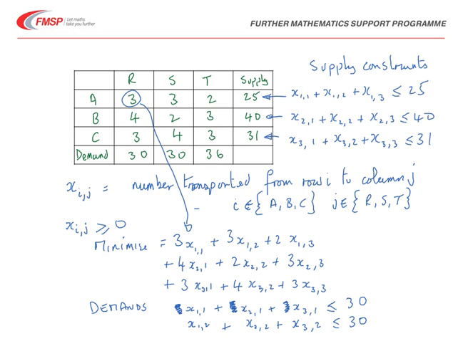And finally, the demand for T is the third column, x13 plus x23 plus x33, and those are less than or equal to 36. So these are the demand constraints.